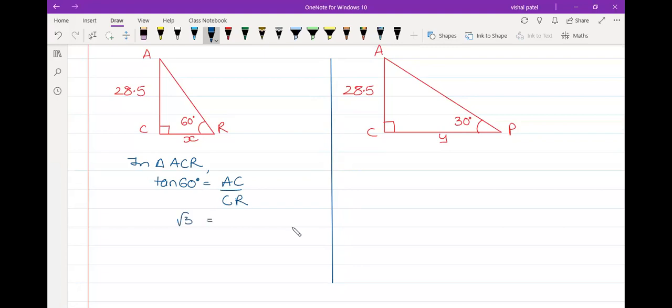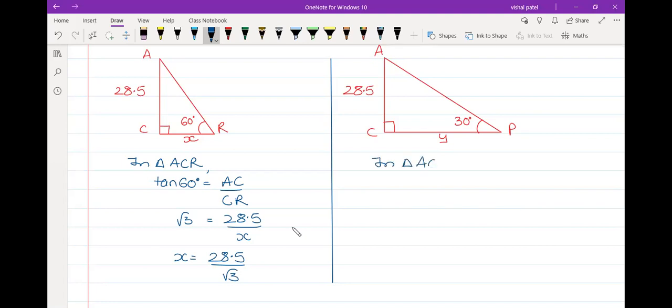Tan 60 is root 3, 28.5 upon X. So what is X equal to? 28.5 upon root 3. This could be rationalized, students, but as I said, I'm not doing it right now. First, let me do the right hand side.